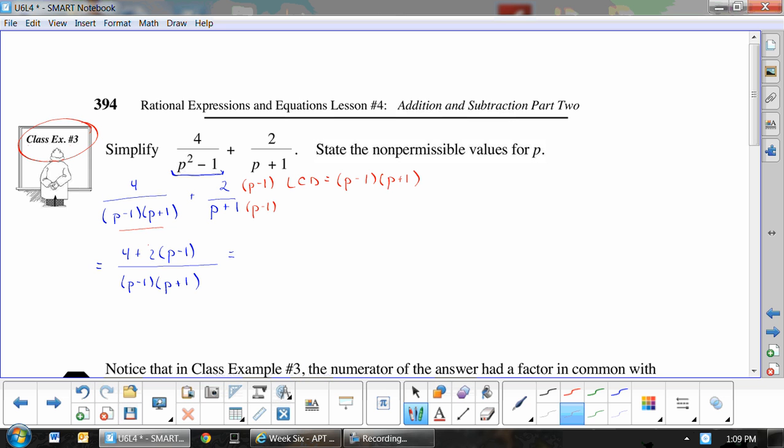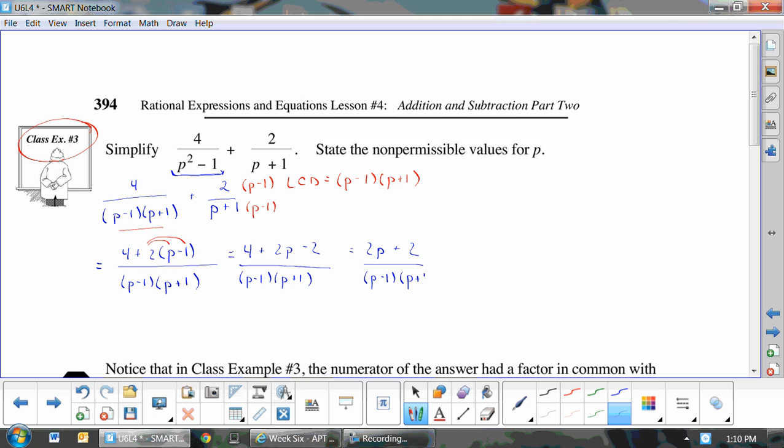So our 4 is good, but our 2 needs to be distributed to both of these terms. So we go 4 plus 2p minus 2. Like that. So when we simplify this, we get 2p plus 2 over p minus 1 and p plus 1.